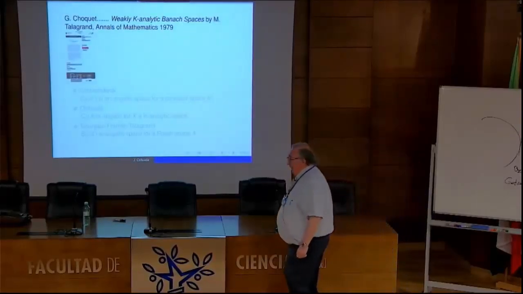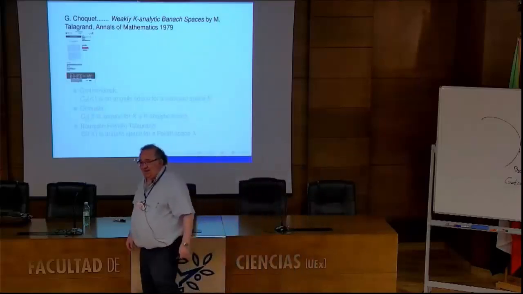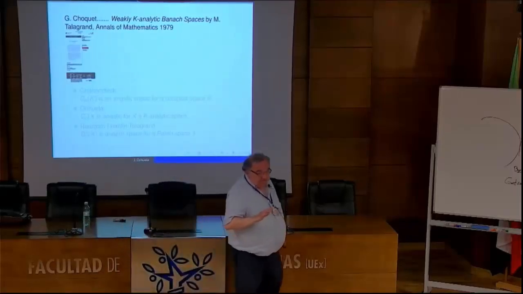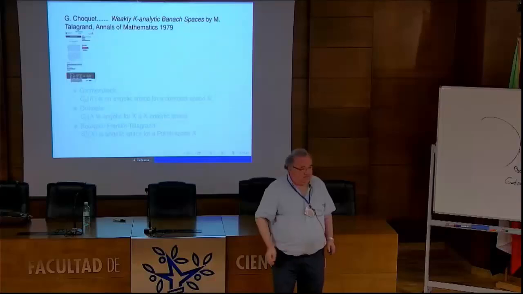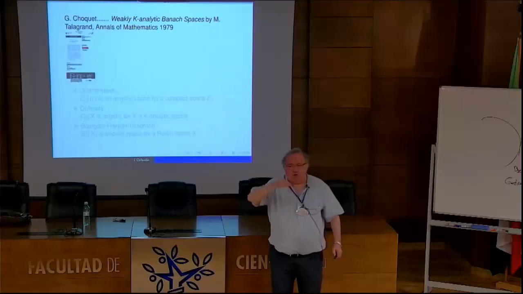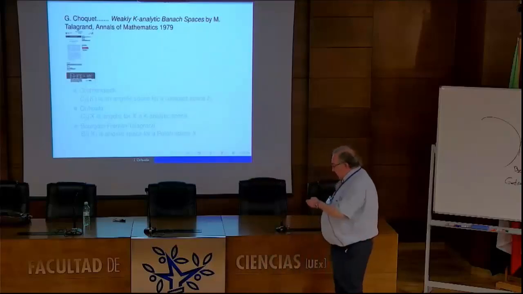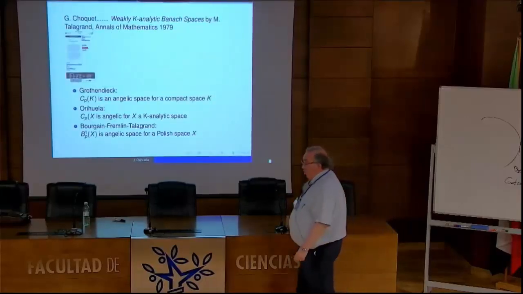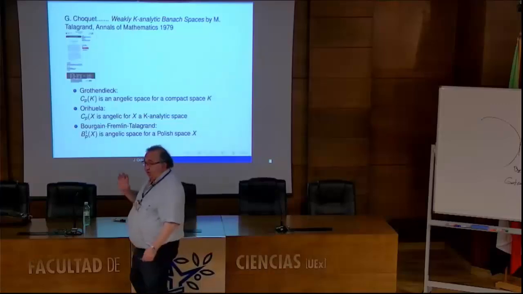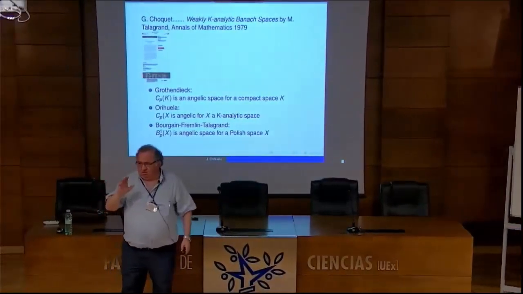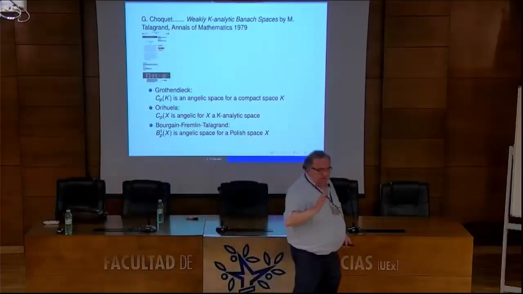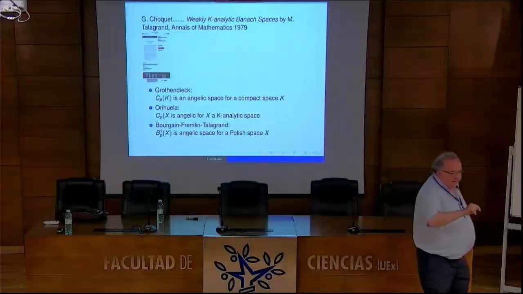Why is this related with myself, at least? Because of the very beginning. The things are explained very easily if you go to the very beginning. Grothendieck proved that Cp(K), for K compact, is angelic.